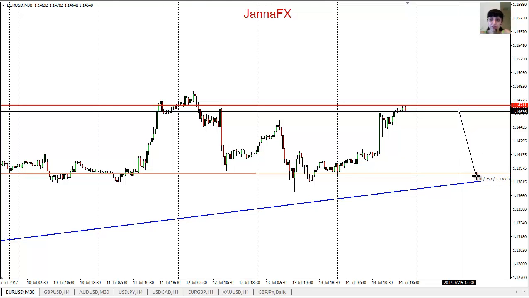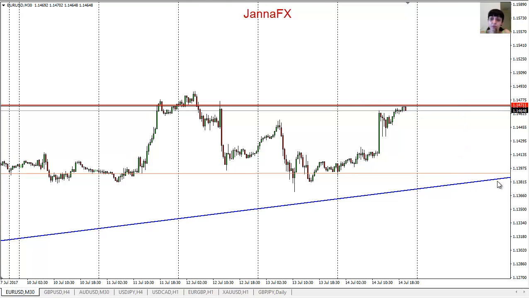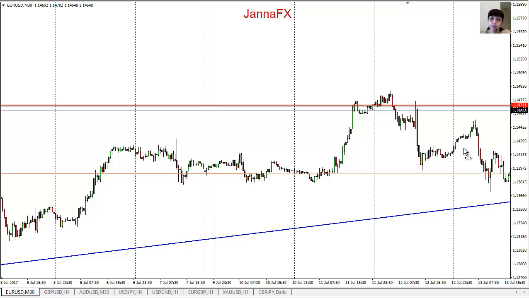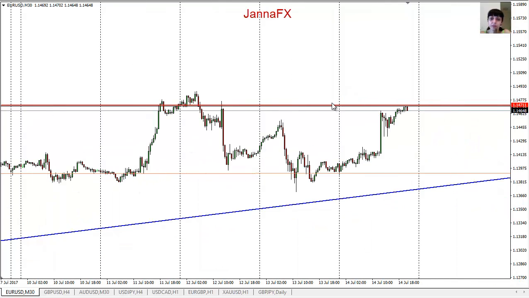I usually place trailing stops. The target could be around this area, and if we create any consolidation, then again I place buy and sell orders, because it can go either way. You can see it's been moving up and down for a while.